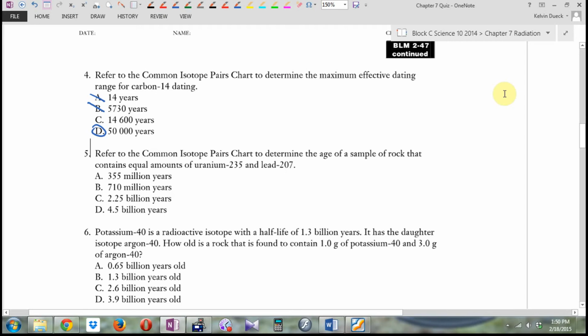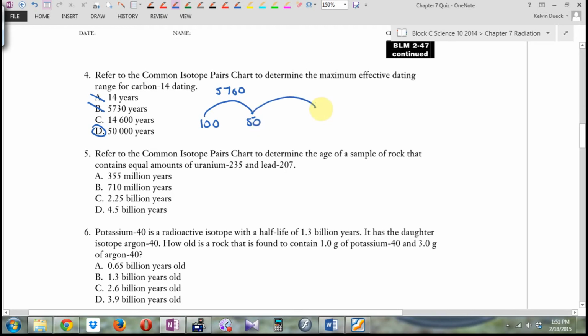Here's why. Let's suppose we have, I'm going to pick a nice number, 100 grams of a substance. Here's one half-life. How many years is one half-life? 5,760. That's from the chart, right? I can still measure 50 grams or 50% pretty easily. That's still within our detectable level.